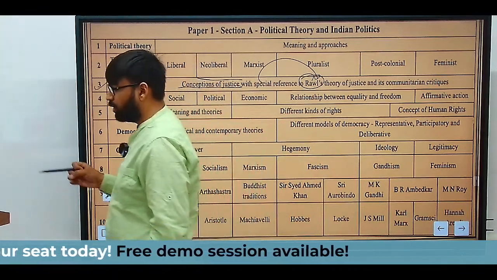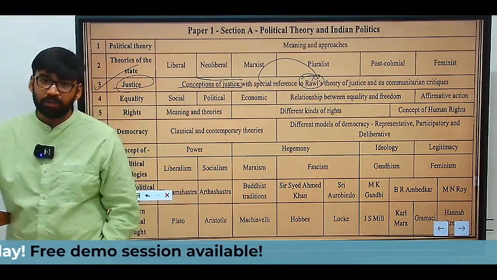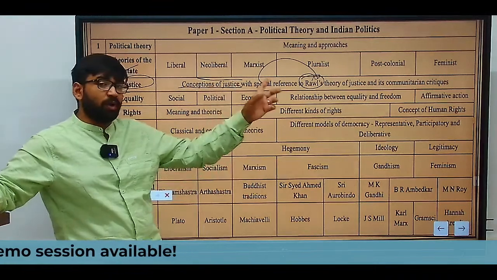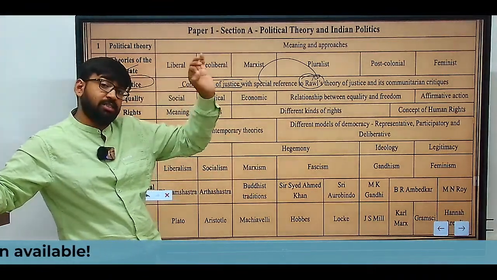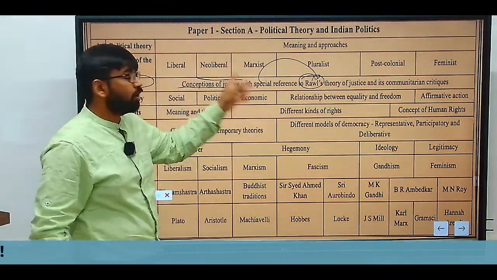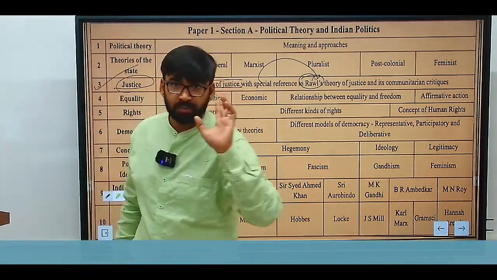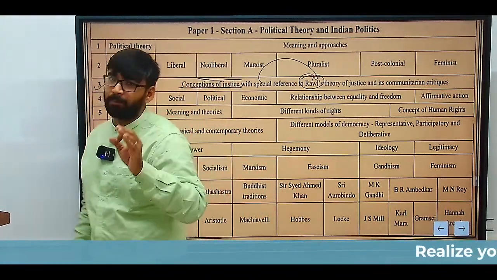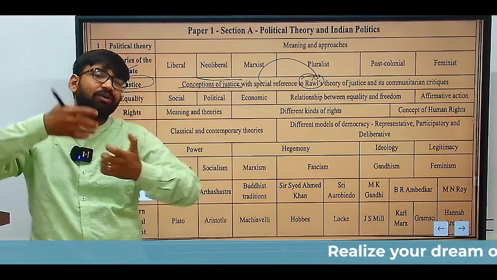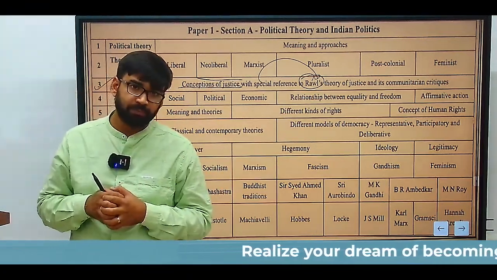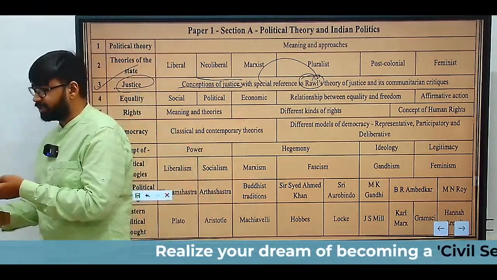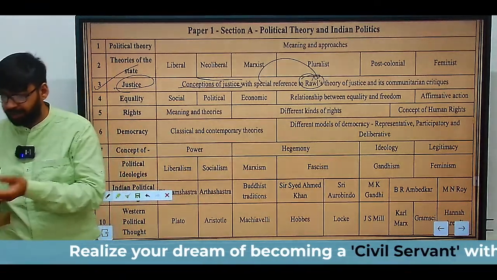So John Rawls is very important. There cannot be any question without this topic. This topic can be interlinked with other topics also, that is why it is very important.